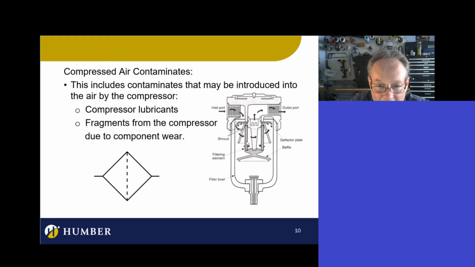And this is a fine mesh material. There are lots of different kinds of materials that we can get these meshes out of. But essentially the air is forced through here and it comes out. Then it goes back in here, so it forces it in here and then it comes out here. It comes in from all angles. This whole area has got the compressed air in it. It's forced to go through here and then it comes out.